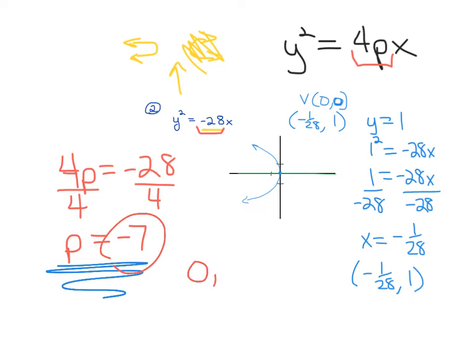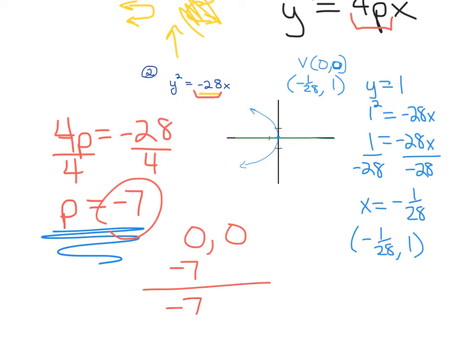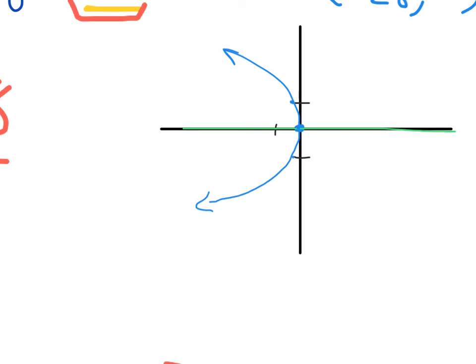My vertex is at 0, 0, so I'm going to move 7 units, the p-value, over to negative 7, 0. This will give me my new focus point. So 2, 3, 4, 5, 6, 7. Right here is my focus point.